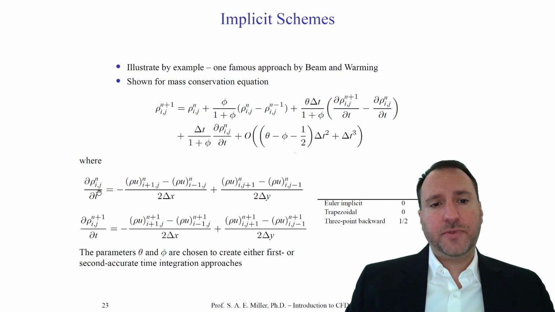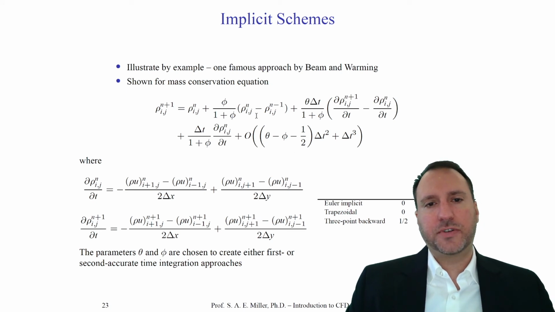Now here we've redefined partial rho partial t at n and n plus 1 respectively. Here's the right side of these values. You'll see the first left-hand side is the typical explicit form, equal to the right of the current time level times these coefficients. Phi will be a constant, as you'll see in a second, which we set to recover schemes. Phi of n and phi of n minus 1 are here in the second term.